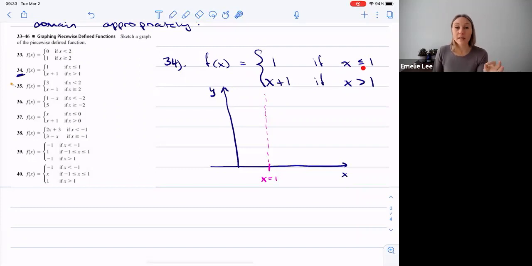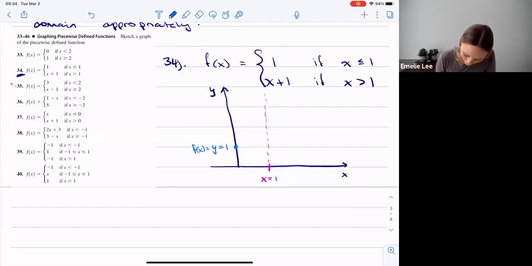So if x is less than or equal to 1, f of x, which is just y, right? So for all these values, up until x is equal to 1, f of x is just going to be 1. So here, y equals 1, so f of x is the same as y, so y equals 1, let's say is here.